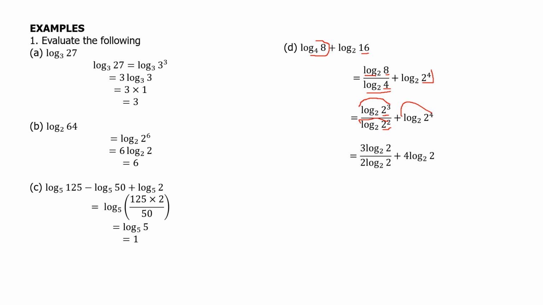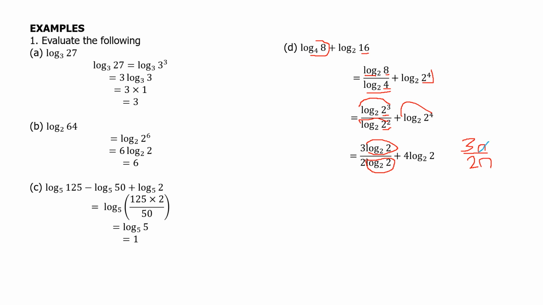So that is the 3 times log of 2 base 2 divided by the 2 times log of 2 base 2, then plus the 4 times the log of 2 base 2. Now when you look at this value here and that one there, you can see that they are the same. It's like someone having 3n divided by 2n.